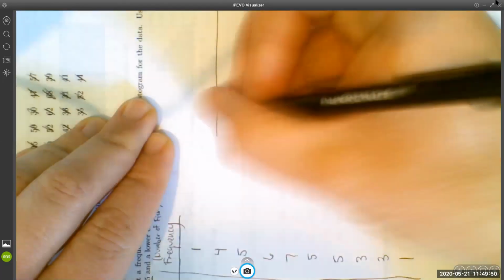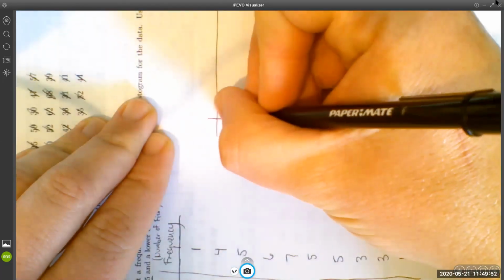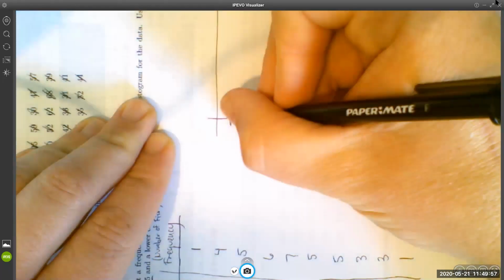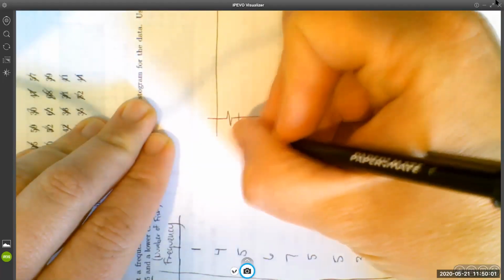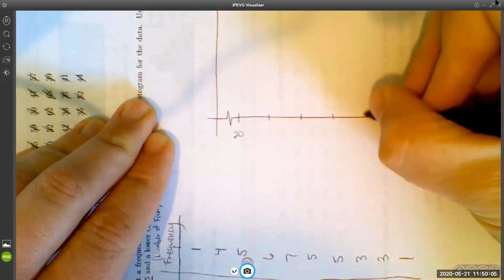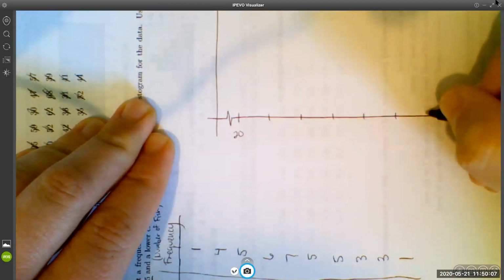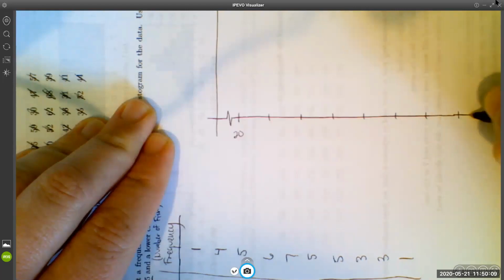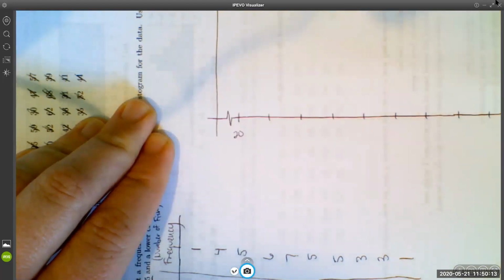So I'm going to put a little symbol in here to tell my reader I'm not starting right at 0. And then I'm going to put 20, 25, 30, 35, 40, 45, 50, 55, 60, 65.